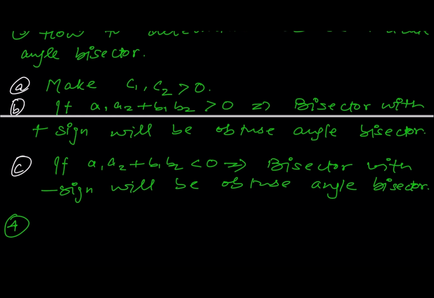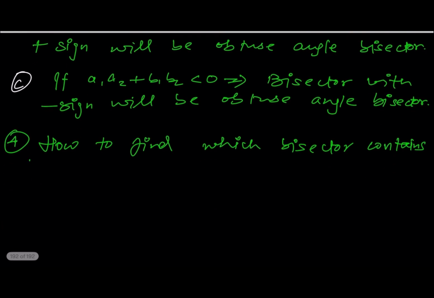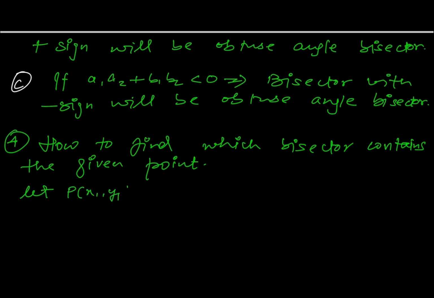Note 4th, how to find which bisector contains the given point. Let P(x1, y1) be the given point.